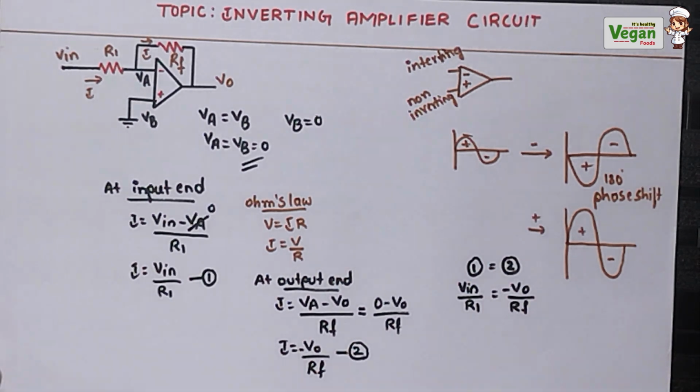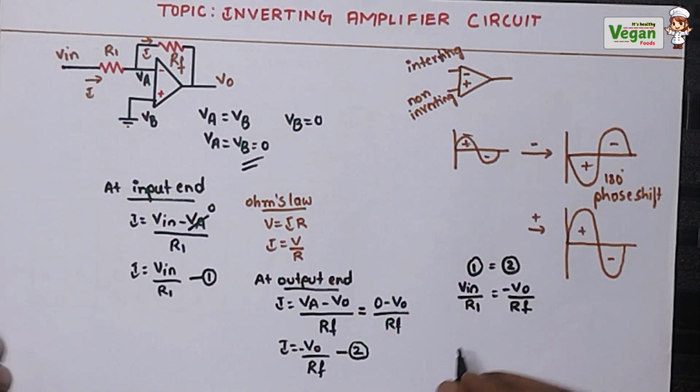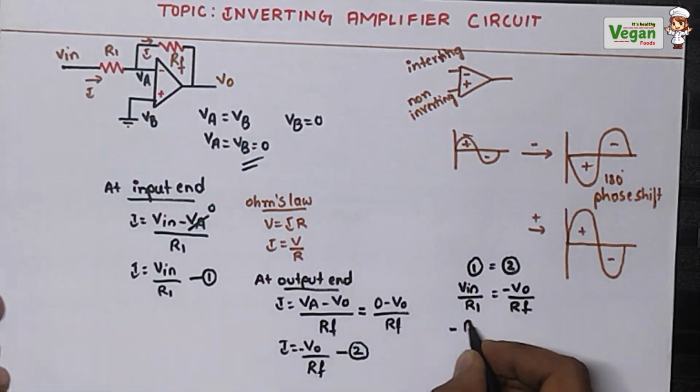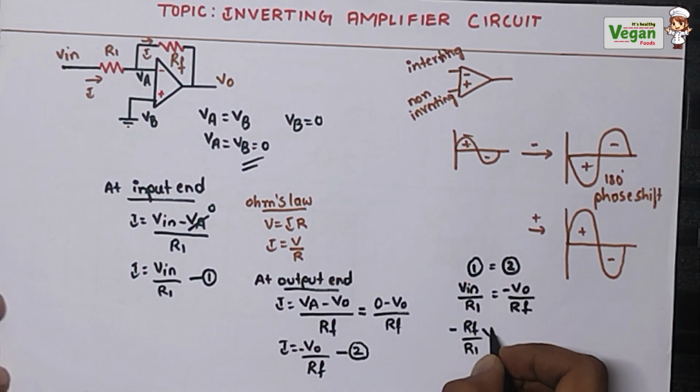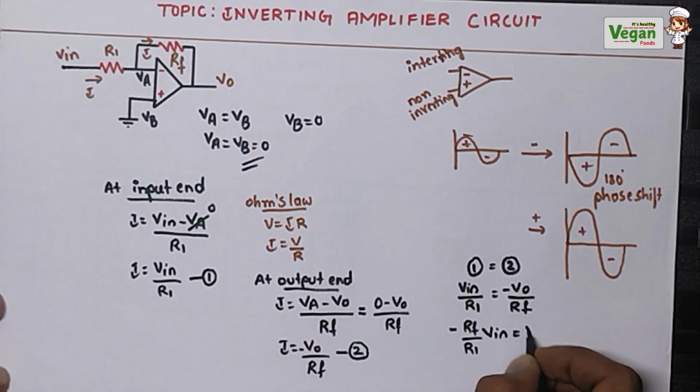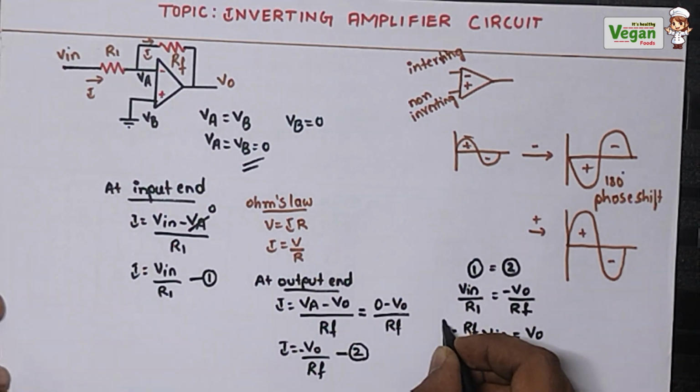We need the equation for V out, so we will send the minus and RF to the left hand side. When we send RF, the feedback resistance, which is in the denominator, it goes to the numerator. Therefore minus RF by R1 into V in is equal to the output voltage V out.